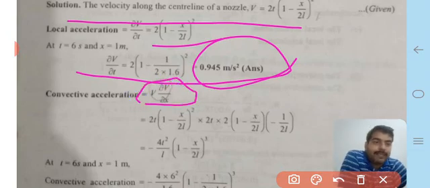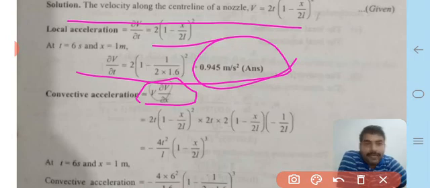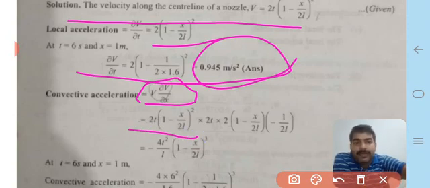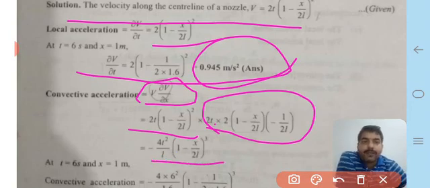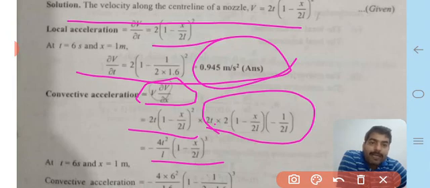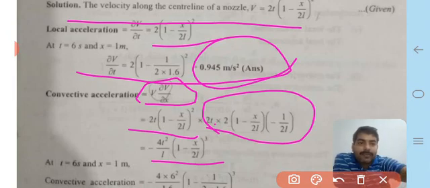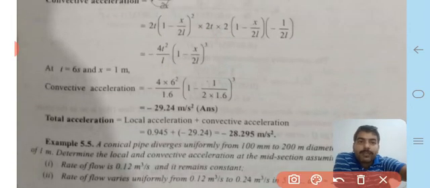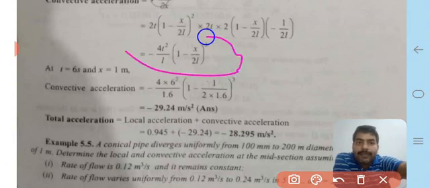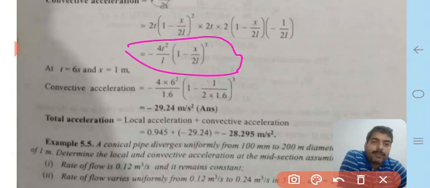This is the velocity v multiplied by the partial derivative of the velocity field with respect to x. Solving this, we get minus 4t square upon L into (1 minus x upon 2L) whole cube.